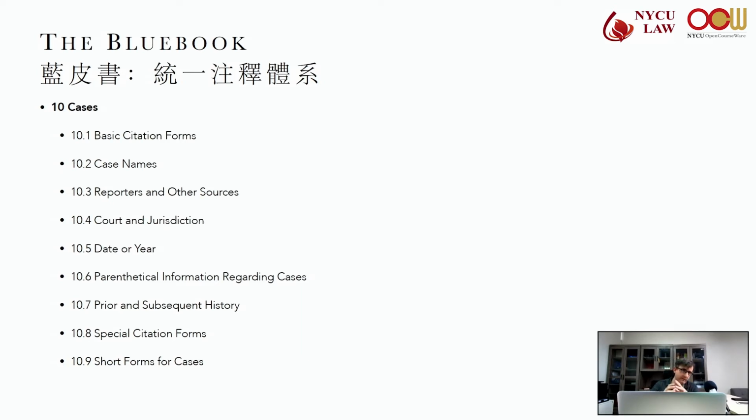And then you'll have the page on which the case begins. Again, we're looking at Rule 3.1 for the volume designation. Go to Rule 6 to look at abbreviations for the reporter.